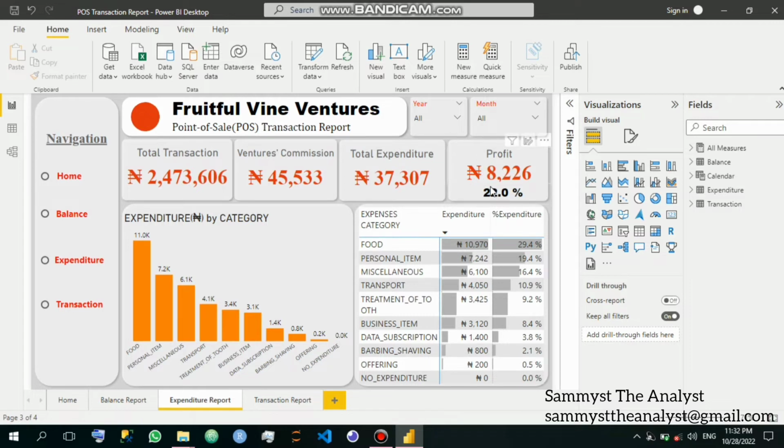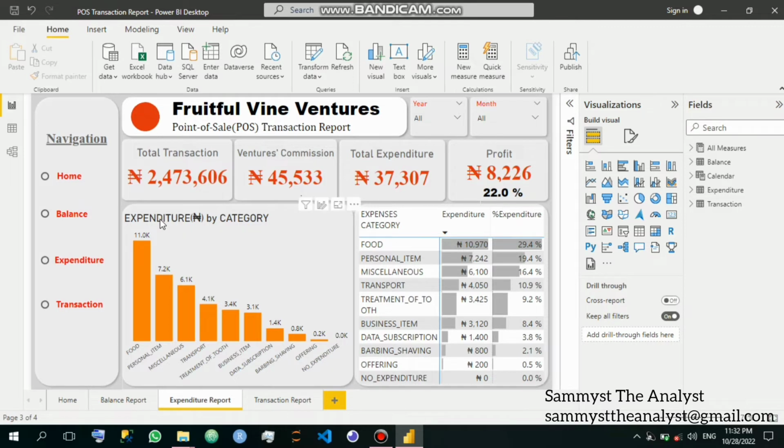So the profit is 8,226 naira. Now 8,226 naira represents 22% of the venture's commission, meaning total expenditure took quite a hold of the venture's commission.